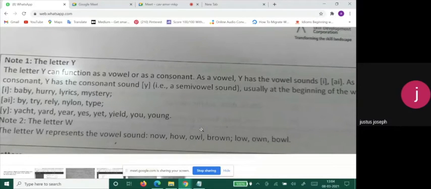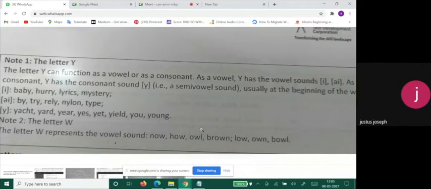I. So Y has two vowel sounds, I and A. Then there is a third sound of Y, which is Y, the Malayalam sound. That is the consonant that you know of.